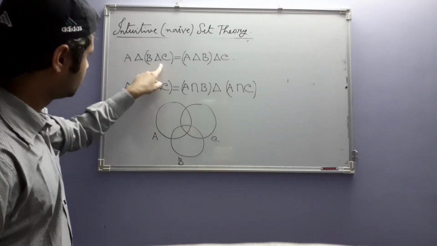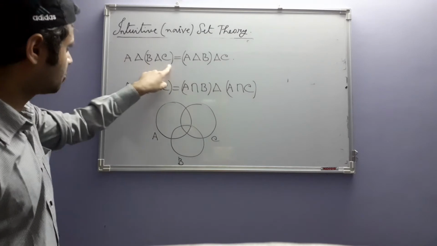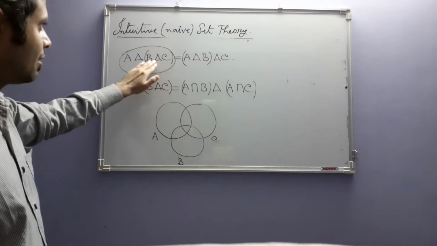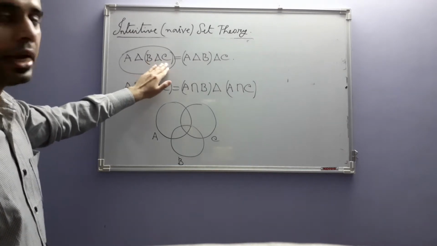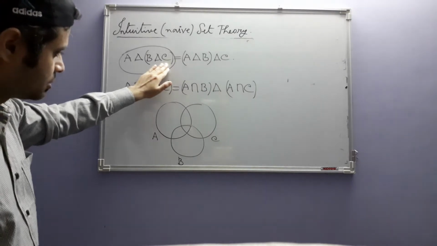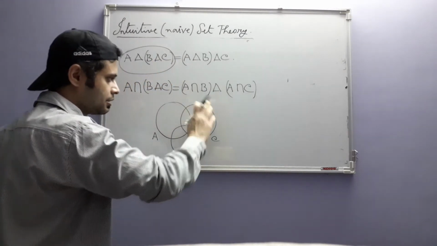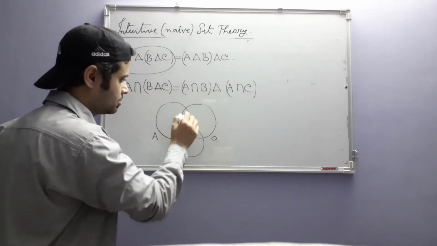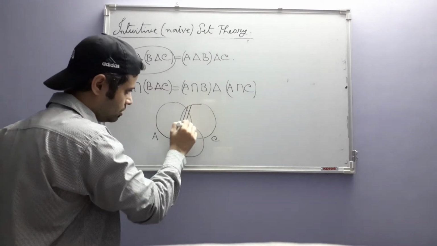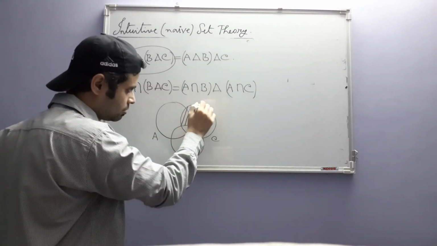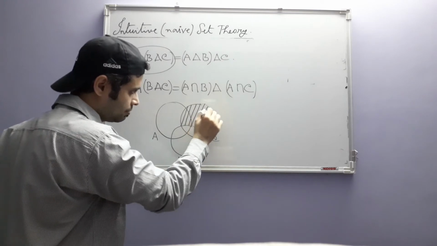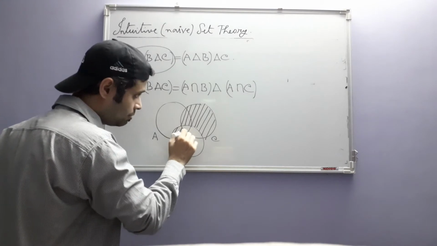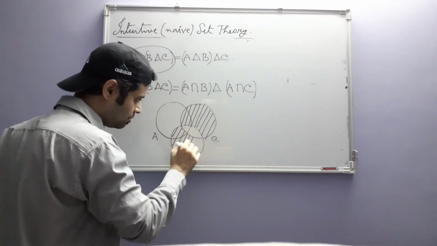So if you try to draw the Venn diagram of this set, then first you have symmetric difference of B and C, which means this is the set B, this is the set C. So the symmetric difference is B union C minus B intersection C. So this much is the symmetric difference of B and C. This and this. That is C minus B. This the lower one is B minus C.